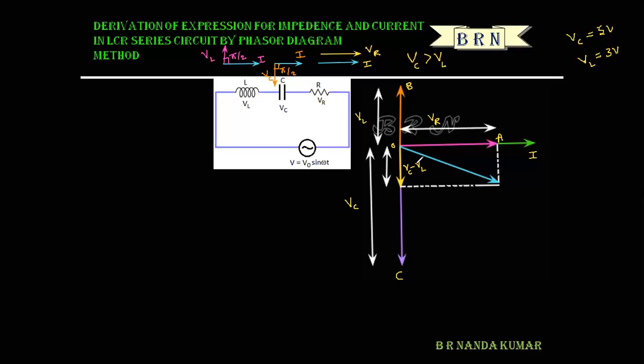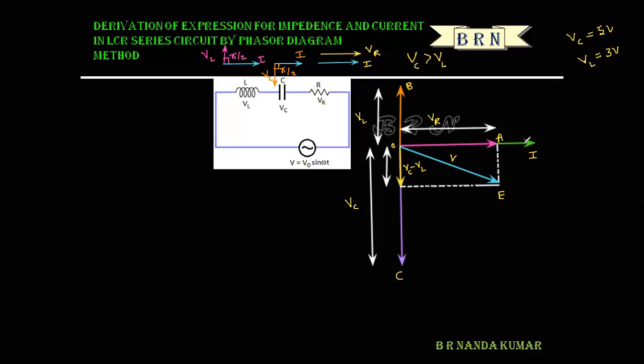Now VC minus VL and VR act at the same point, mutually perpendicular to each other. Here we have to apply the parallelogram law of vector addition. The resultant lies along the diagonal. So this is the resultant voltage V, represented by the vector OE.